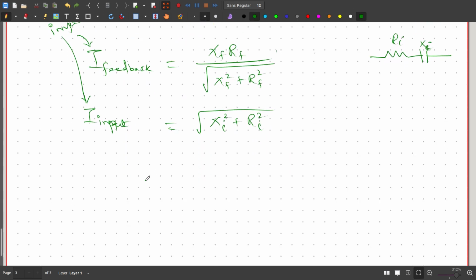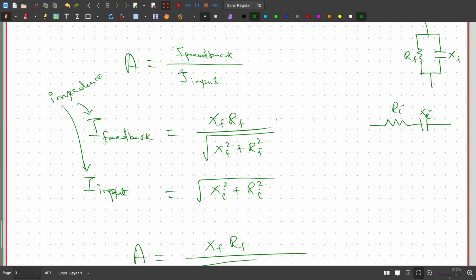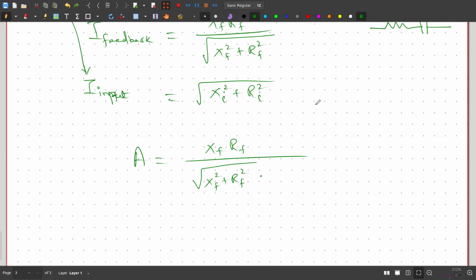Therefore the new gain equation is XF RF divided by root of XF square plus RF square, into, since this is in the denominator, you have to multiply it with this factor, root of Xi square plus Ri square.